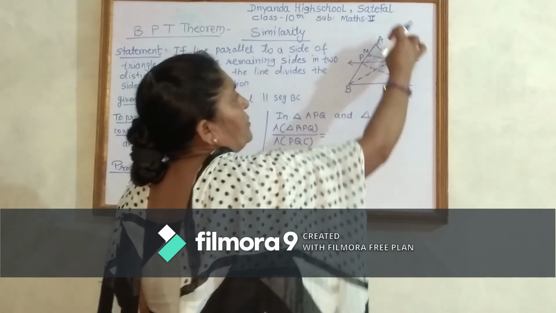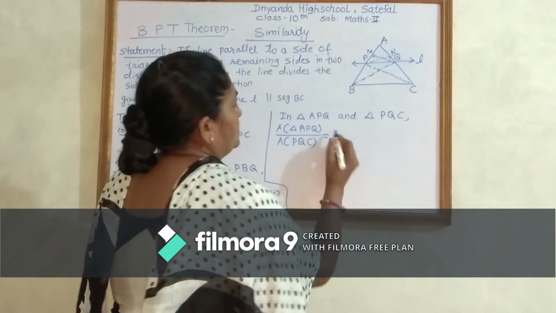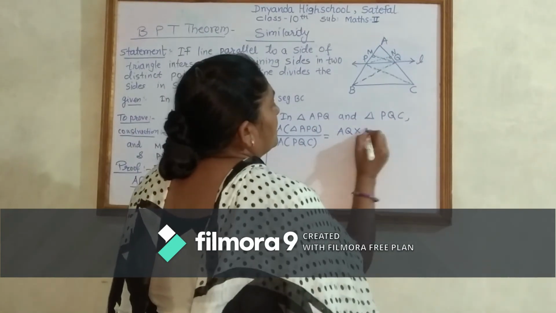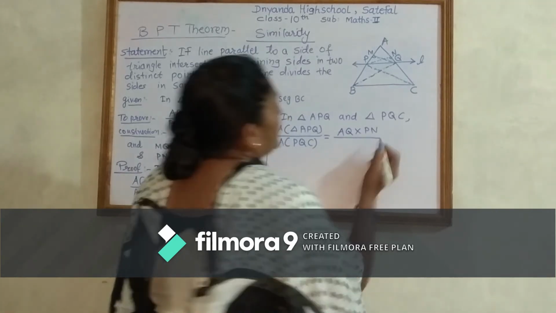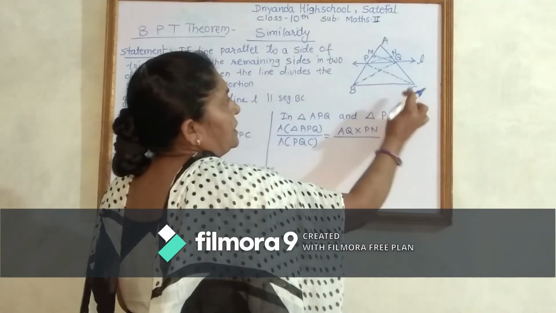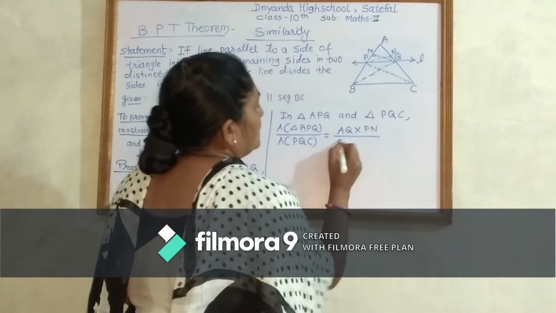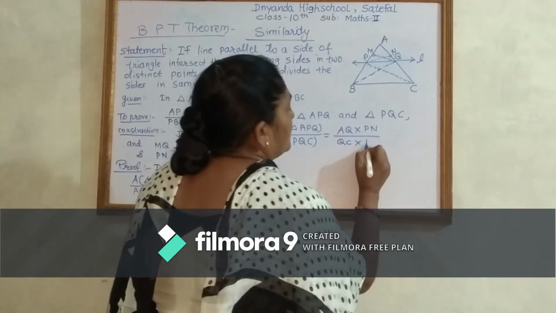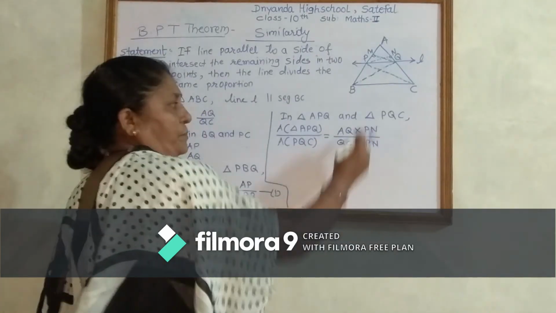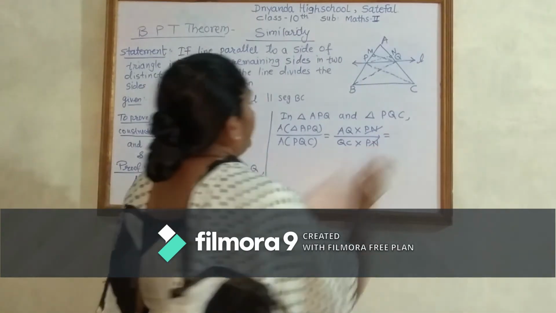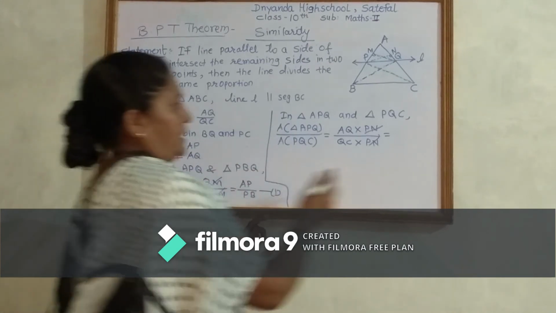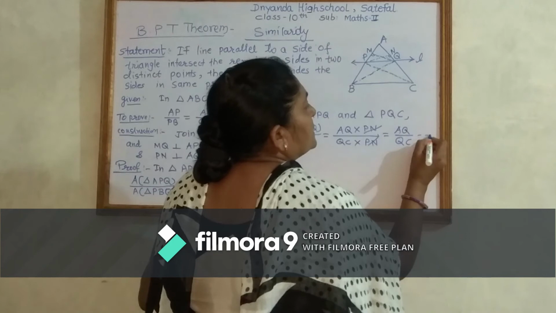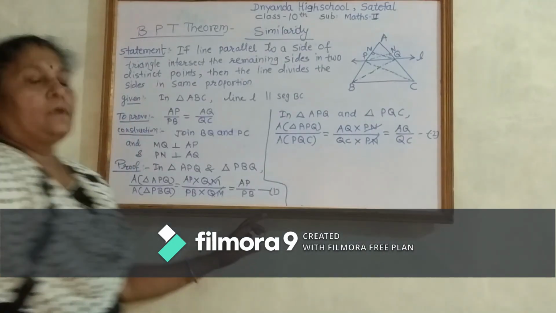In triangle APQ, the base is AQ and the height is PN. In triangle PQC, the base is QC and the height is PN. PN gets cancelled and the ratio of areas of these two triangles is AQ divided by QC. This is the second equation.